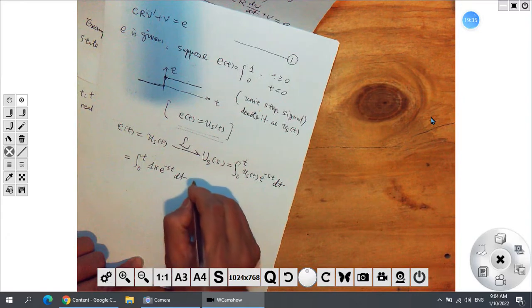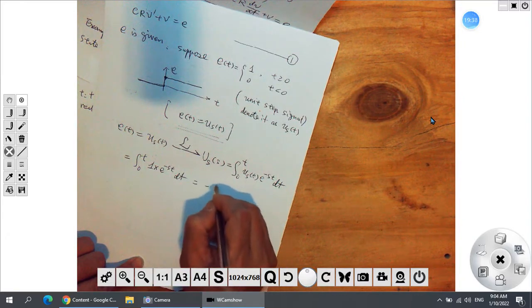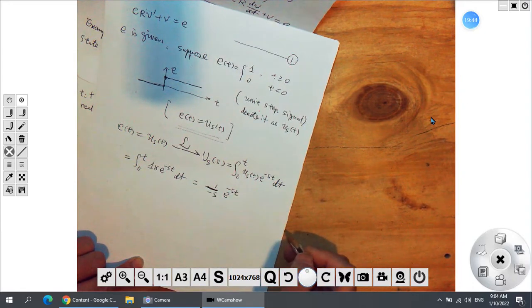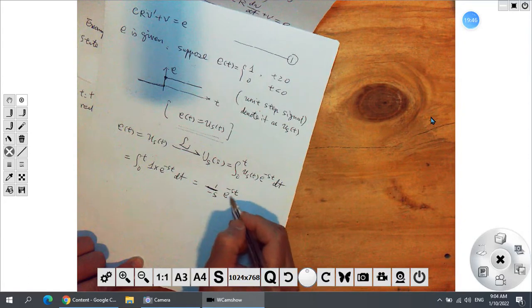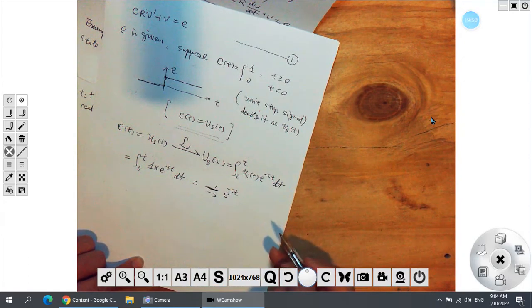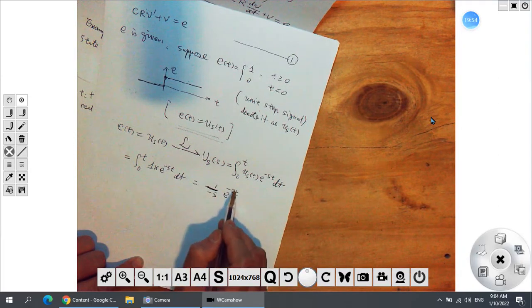Remember what the integral of this is? This is 1 over negative s times e to the negative st. Remember, this is an exponential power. You take the integral, it will be this, the reverse of the derivative. If you take the derivative, that will give negative s times. Now you go back.